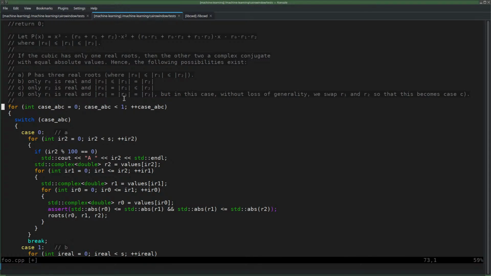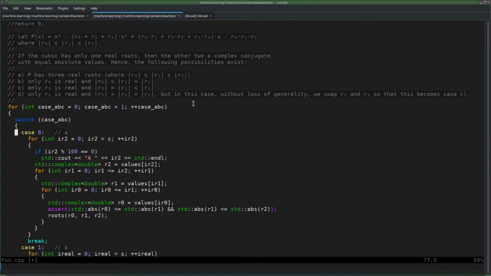If R1 is real, then all of them are real. And if R1 is complex, then either R0 or R2 are complex. So we can now generate every possibility.